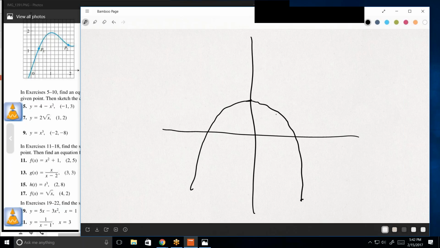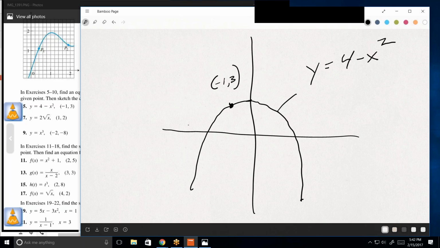The equation of that curve is 4 minus x squared. And what they want to know is that it goes through the point minus 1 comma 3, right there.